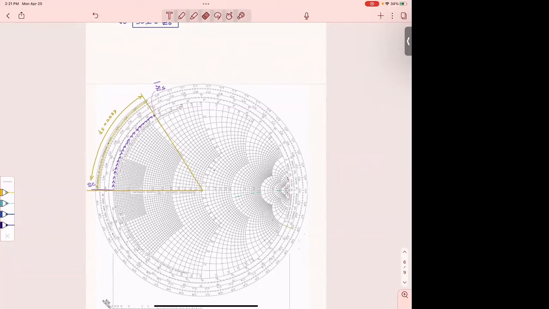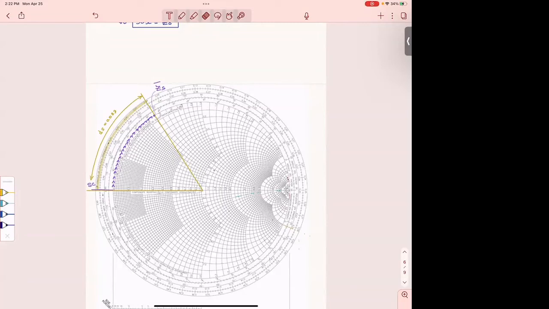And then here it says 0.08, approximately. So this distance, which is the length of the stub, is 0.08 of the wavelength, if the stub has a short at the end.